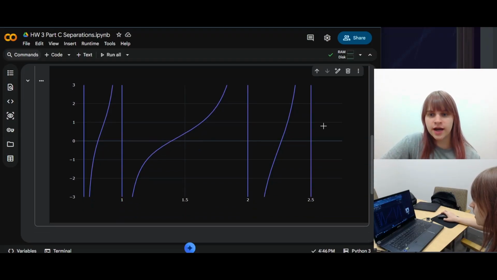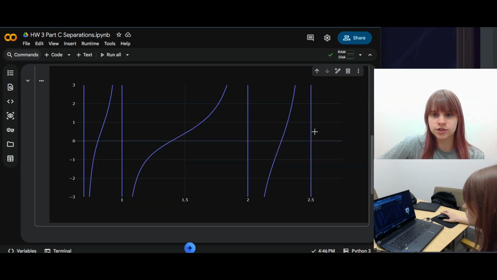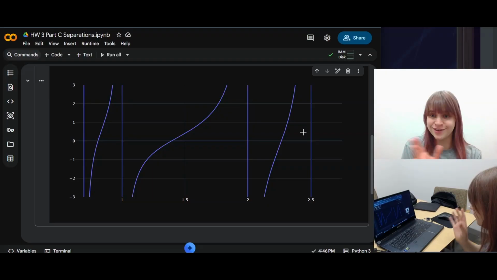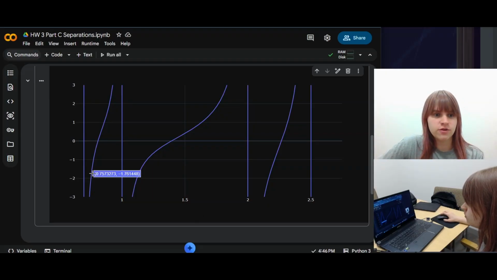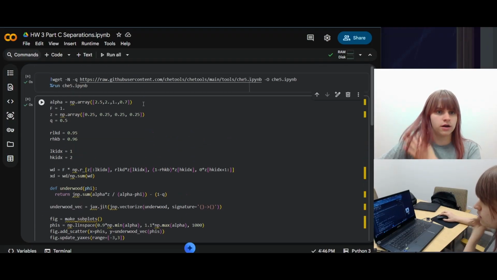And before I actually run our Underwood function to find the phi, I'm going to explain it graphically first. So right here, we have the vertical lines are our alpha values.